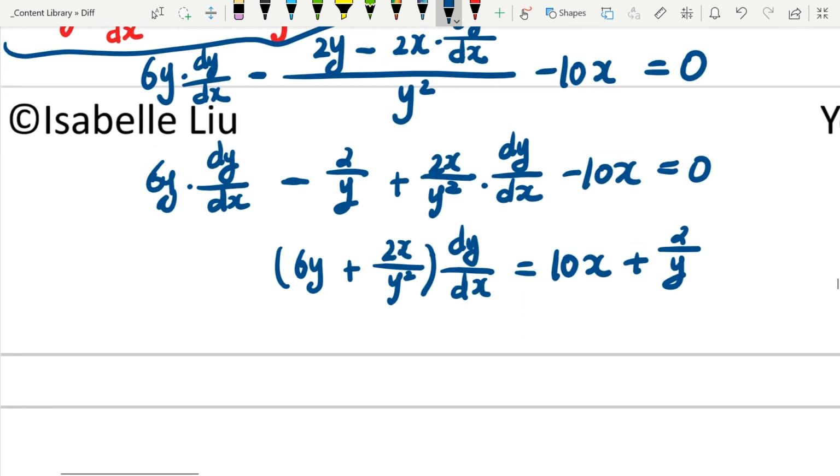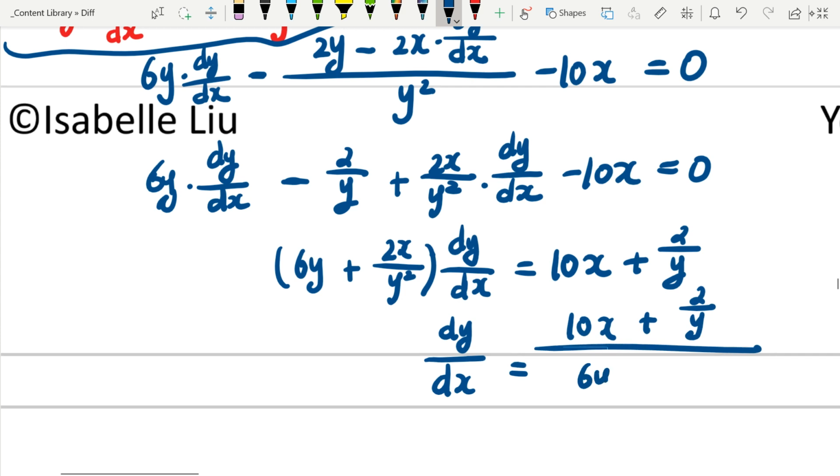And the amazing thing is we can make dy dx on its own, on the left hand side. So dy dx equals 10x plus 2 over y, over 6y plus 2x over y squared. You can't leave the answer like that.